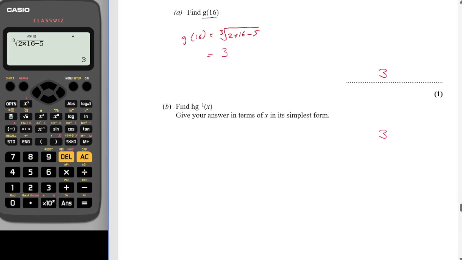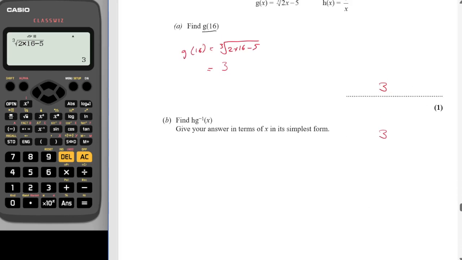Part B, find hg to the minus 1 of x. So I'm going to start by trying to find g to the minus 1 of x. The easiest way to do this is to say that y is equal to the cube root of 2x minus 5, and then rearrange it to give you x, and then in effect switch the function back in. We could keep our function notation constant. I'm not a massive fan of that.